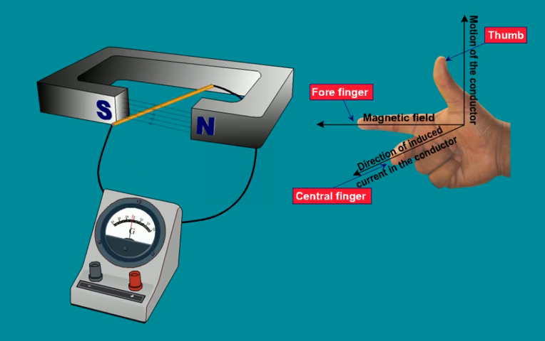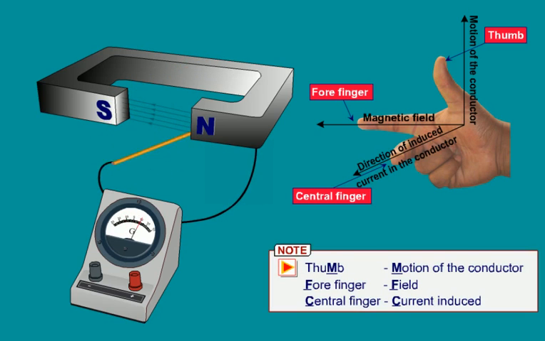Here's a note. The M from the thumb stands for motion of the conductor, the forefinger's F stands for field, and the C from the central finger stands for current induced.